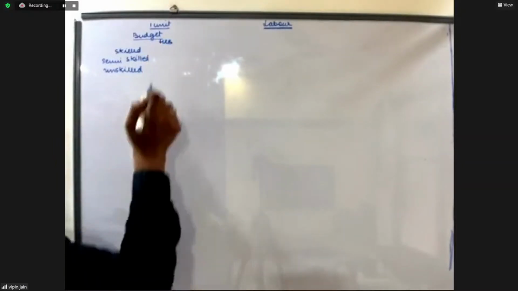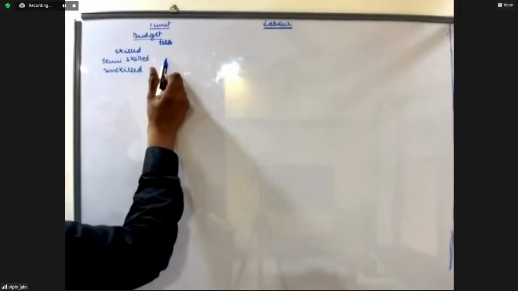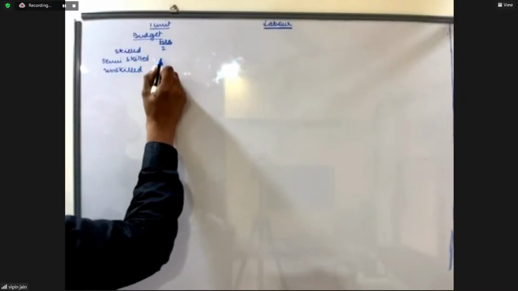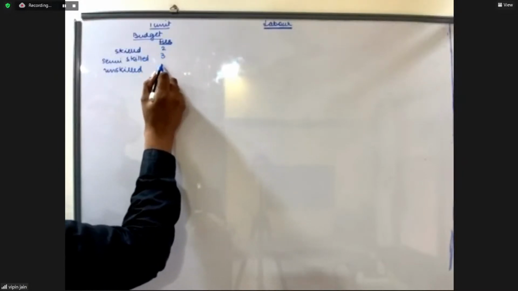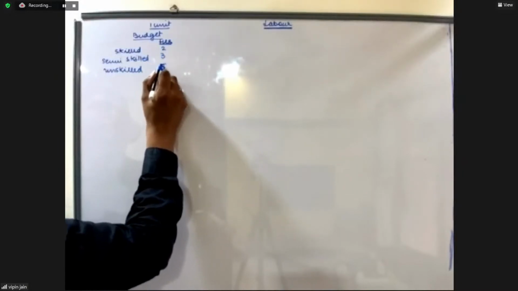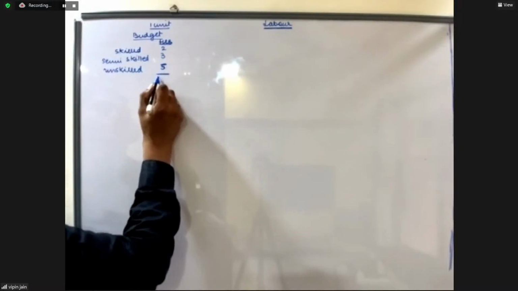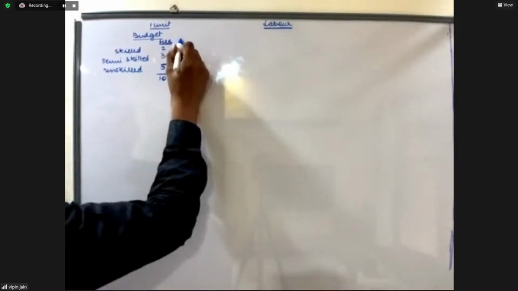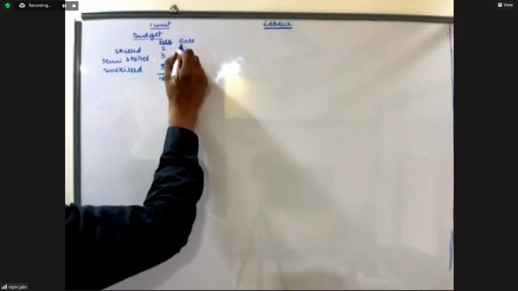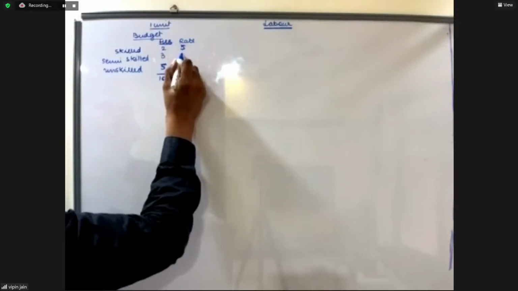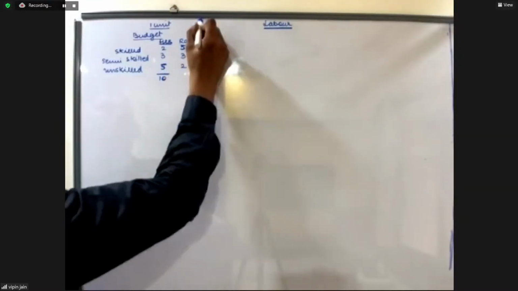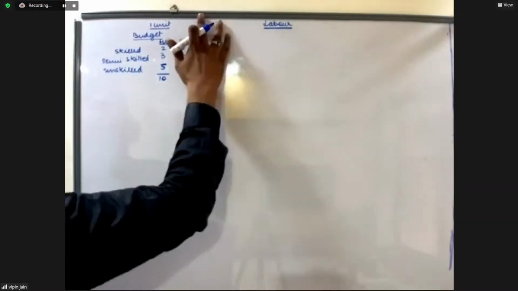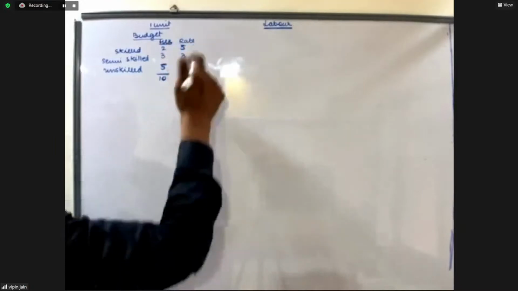Further, when talking about the hours, 2 hours of skilled labor, 3 hours of semi-skilled labor, and 5 hours of unskilled labor are required to manufacture 1 unit of a particular product. When talking about the rate, let's say the rate is 5, 3, and 2. This is the budgeted data given in the question.